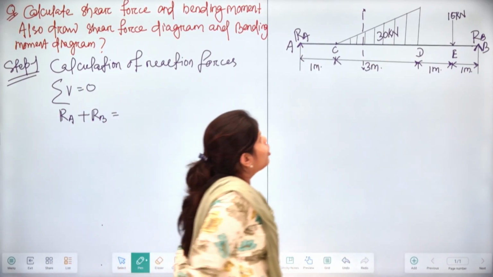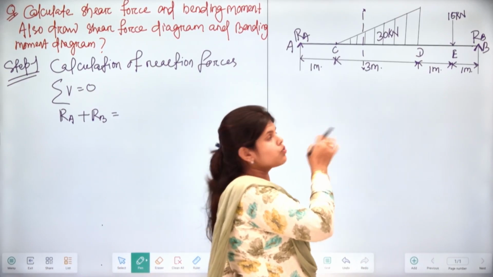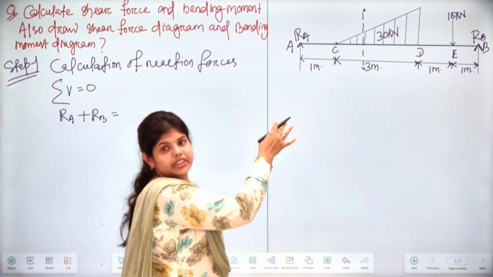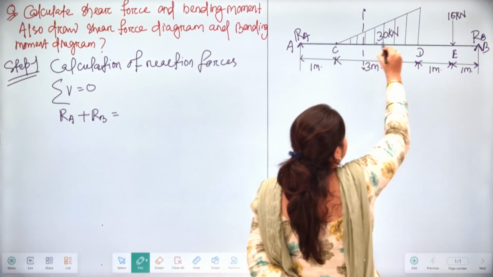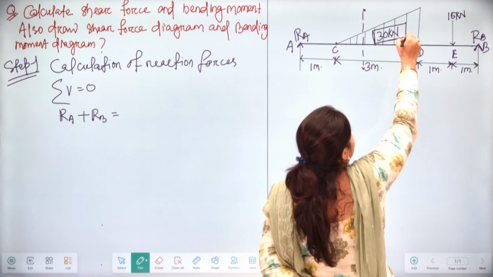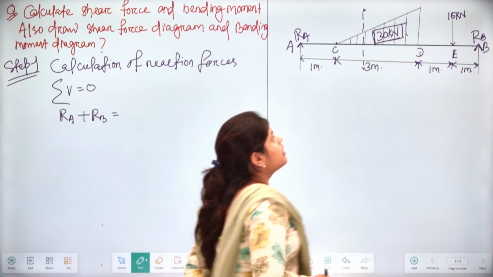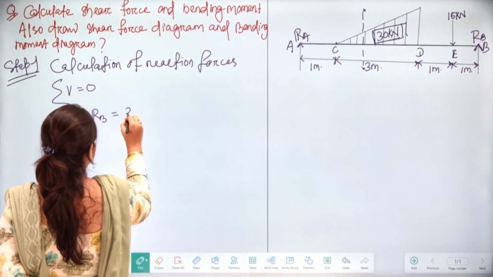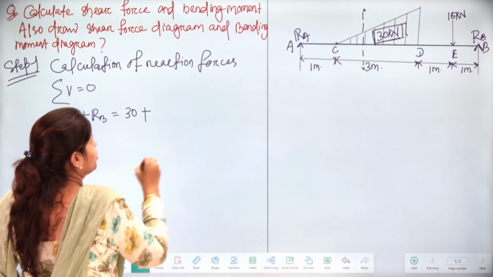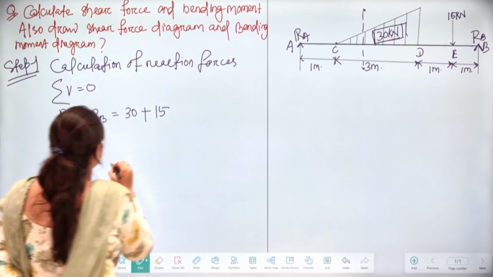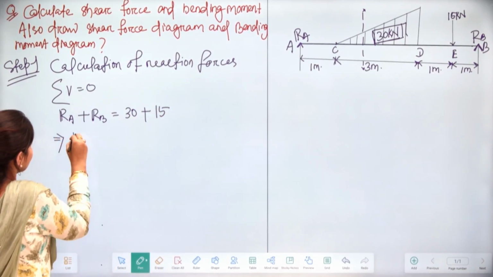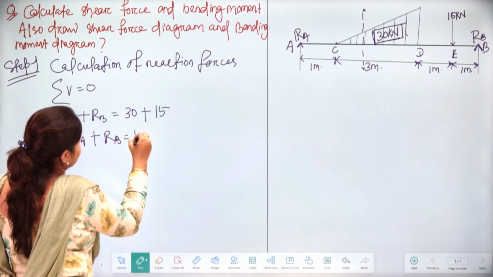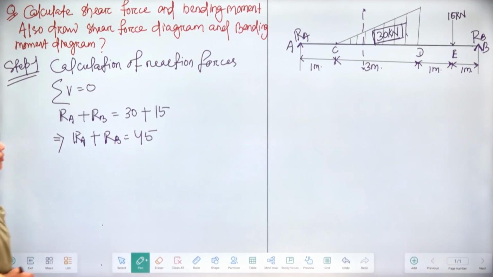In our previous numericals, we just needed to calculate the area of the triangle. But here this 30 kilonewton is the area of the triangle. So we will directly take this 30 kilonewton plus the point load, that is 15 kilonewton. So RA plus RB is equal to 45.